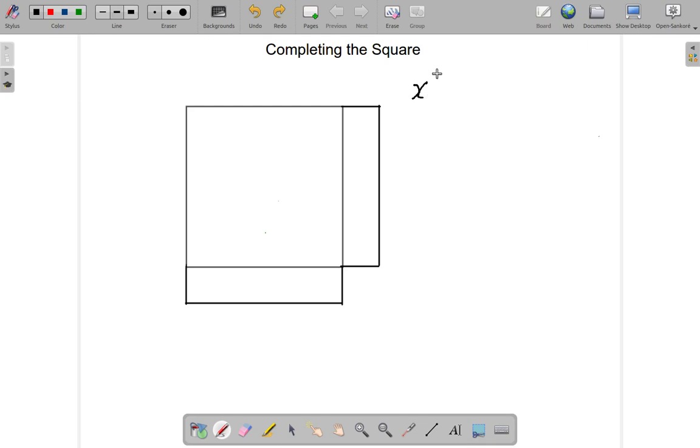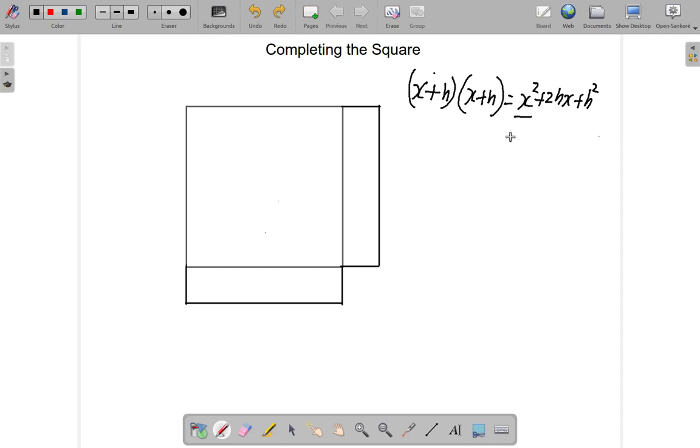You have x plus h by x plus h, and what you get is x squared plus 2hx plus h squared. When you multiply out x plus h by x plus h, you can try that, you get x squared plus 2hx plus h squared.